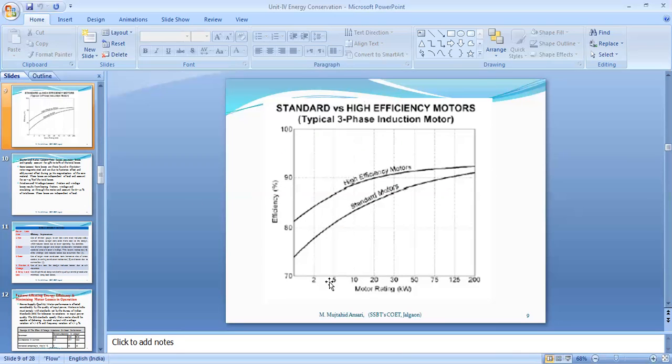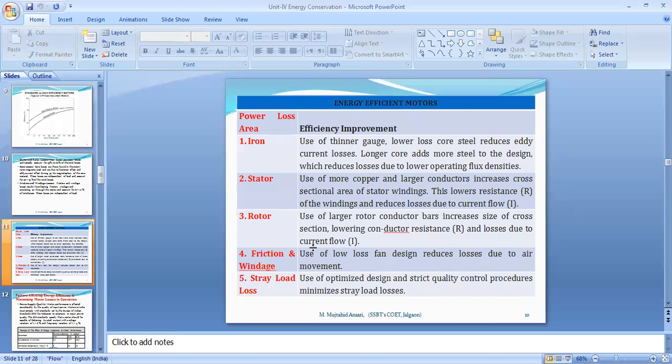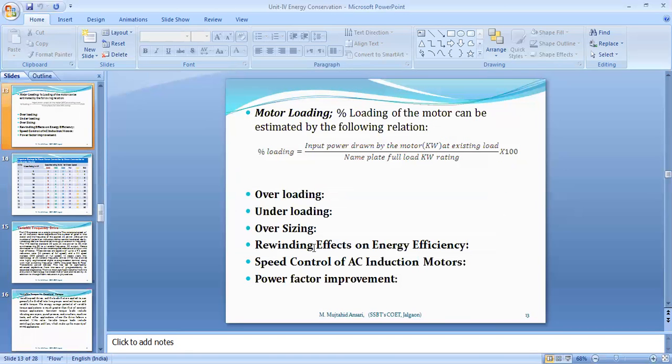See here, if it is a 2 HP motor, the efficiency is only 78%, whereas the efficiency of the energy efficient motor is 85%. So if you are having in the industry a large number of 2 HP or 5 HP motors, definitely the working efficiency of the system and the power factor will be very poor, and hence it should be replaced by the energy efficient motor. So last time we have seen the energy efficient motor.